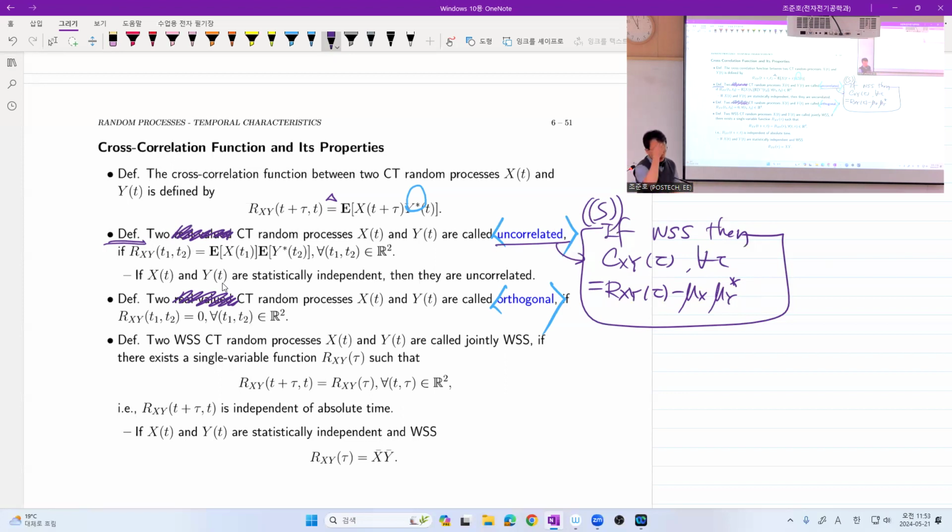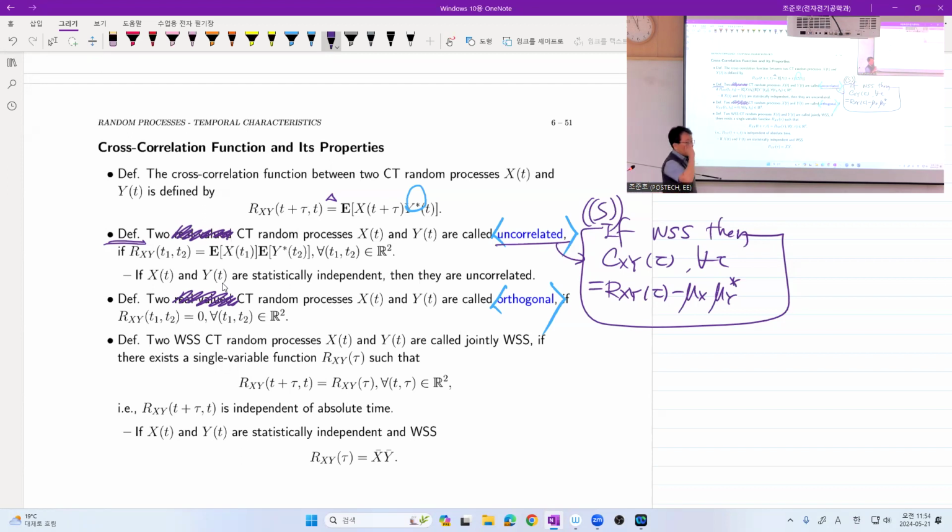Of course, you may define second order orthogonality and second order uncorrelatedness. So not only your cross-correlation function or cross-covariance function satisfies the condition for uncorrelatedness or orthogonality, your complementary cross-correlation and complementary cross-covariance function satisfy the definition. In that case, you may define them as second order uncorrelated random processes and second order orthogonal random processes.